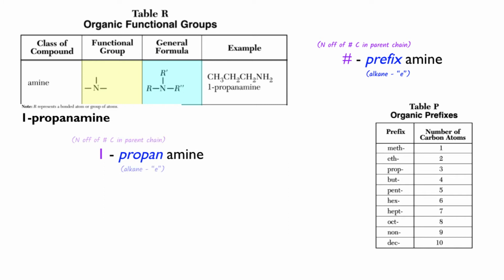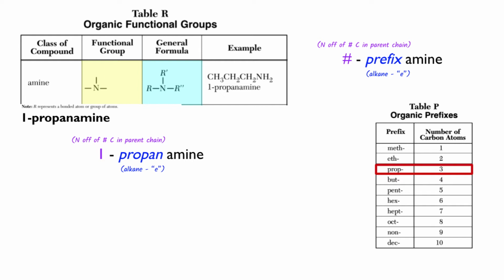The 1 is telling us the number of the carbon in the parent chain that the nitrogen is coming off of, while the prop is telling us the name of the alkane. So it's telling us the number of carbons that are in that parent chain. The amine at the end is just telling us that there is an amine group, that there is a nitrogen bonded to 2 other things. So prop is telling us that there are 3 carbons in that carbon chain.